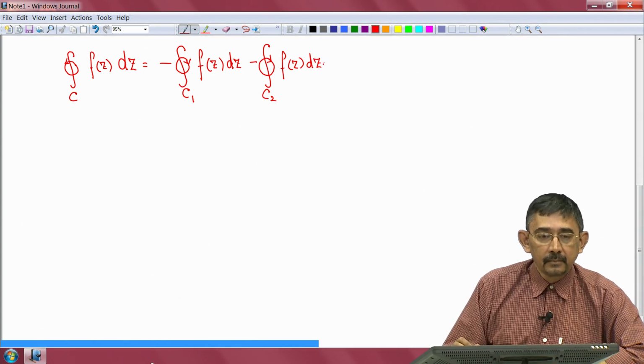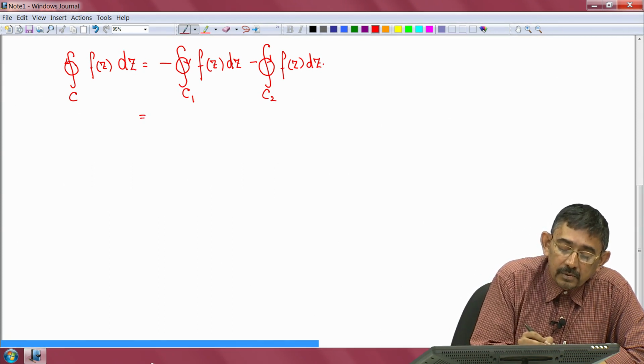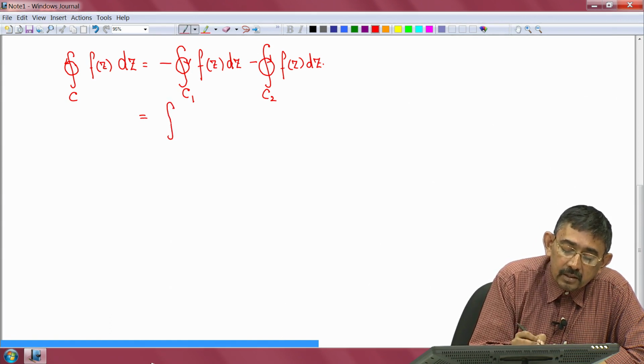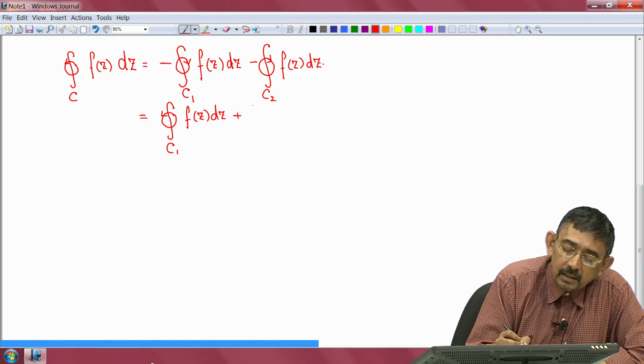Okay. Now, if I change the signs of this, I can change the directions of the contours. So, I change the sign and change the contour direction. Now, this is made counterclockwise C1 f of z dz plus integral counterclockwise C2 f of z dz.